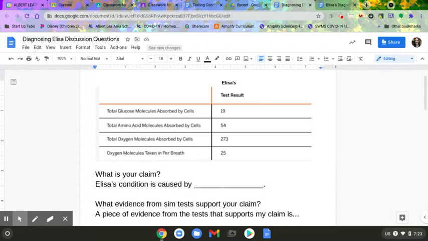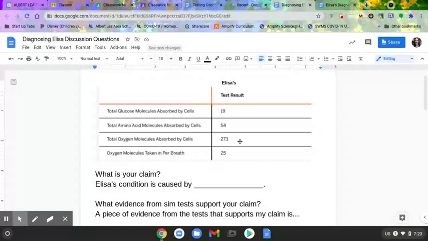And you're like, yes, it was mine. Oh, it wasn't mine. What does she have? She has diabetes. It's diabetes. And anemia people, you might not be able to tell exactly. But remember, your oxygen count was down in the hundreds. Elisa is well into the 200s.